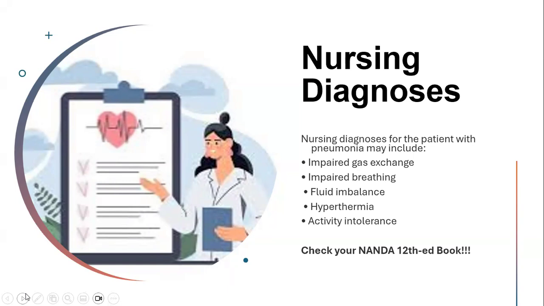Please go check your NANDA 12th edition book, and you can find, for example, for the first diagnosis, the definitions, and also the characteristics of the nursing diagnosis, and also the signs and symptoms related to that nursing problem.